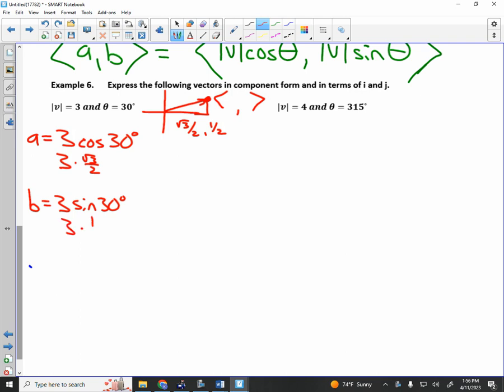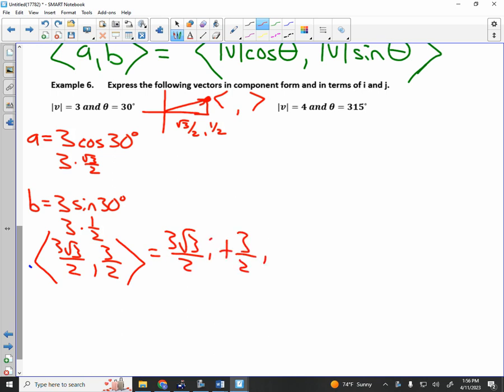So you have 3 times 1/2. So your component form would be 3 root 3 over 2, comma, 3 over 2. The direction states write it in terms of i and j. I don't really care, but just for good measure, I'll write 3 root 3 over 2 i plus 3 over 2 j.